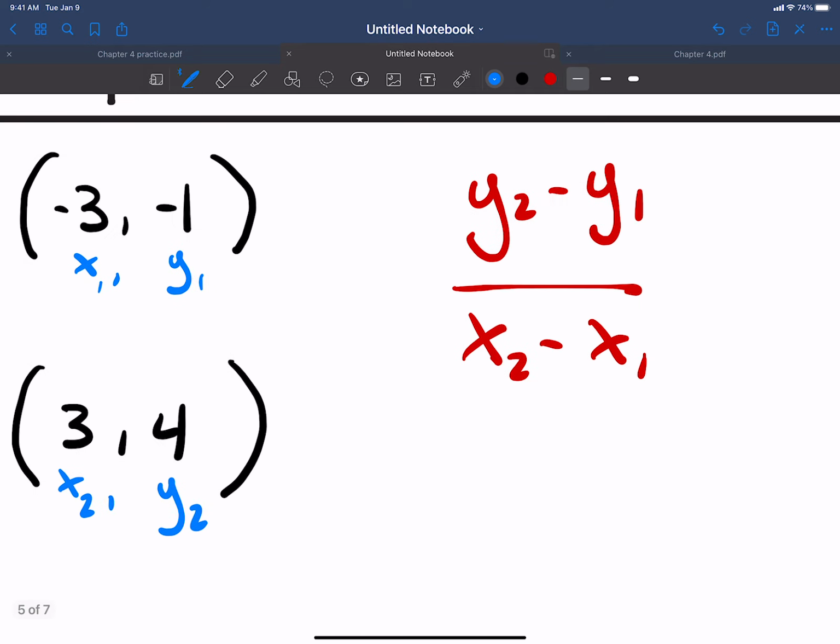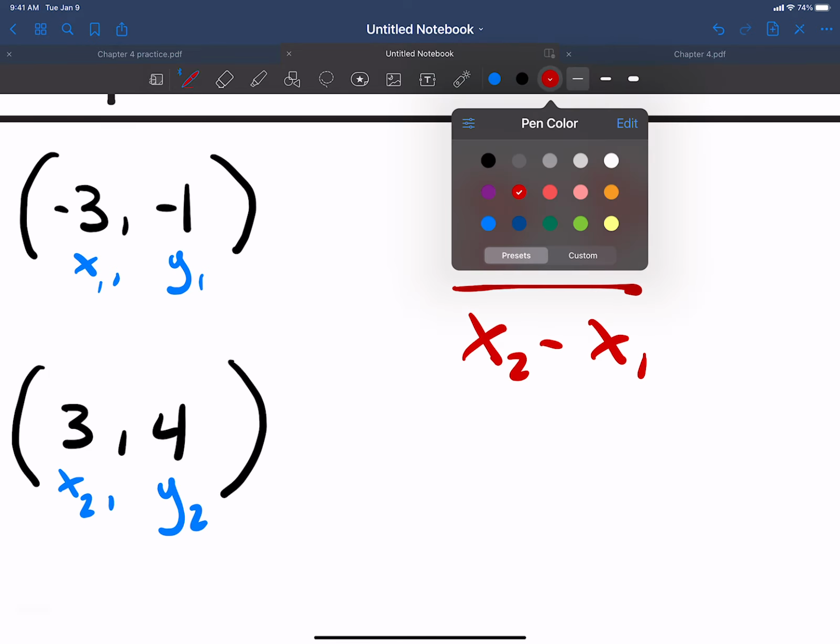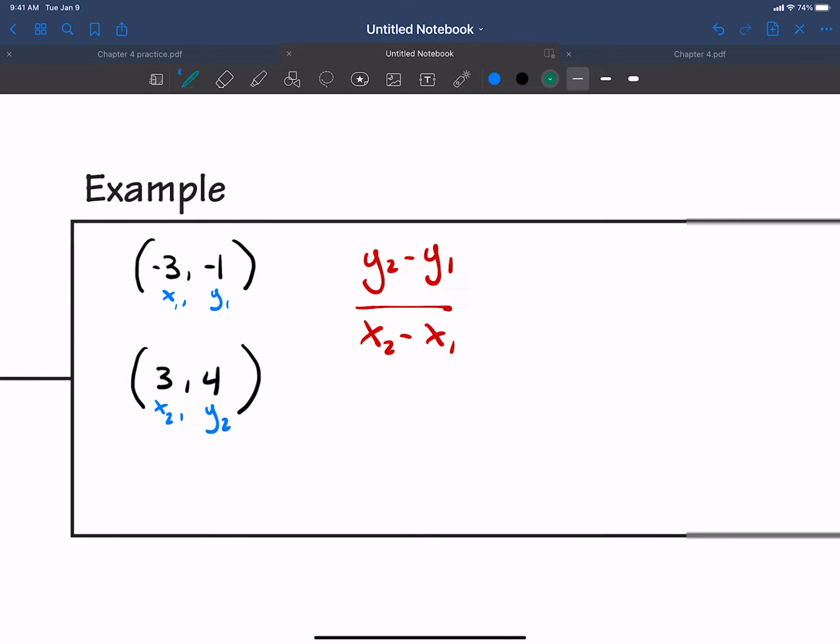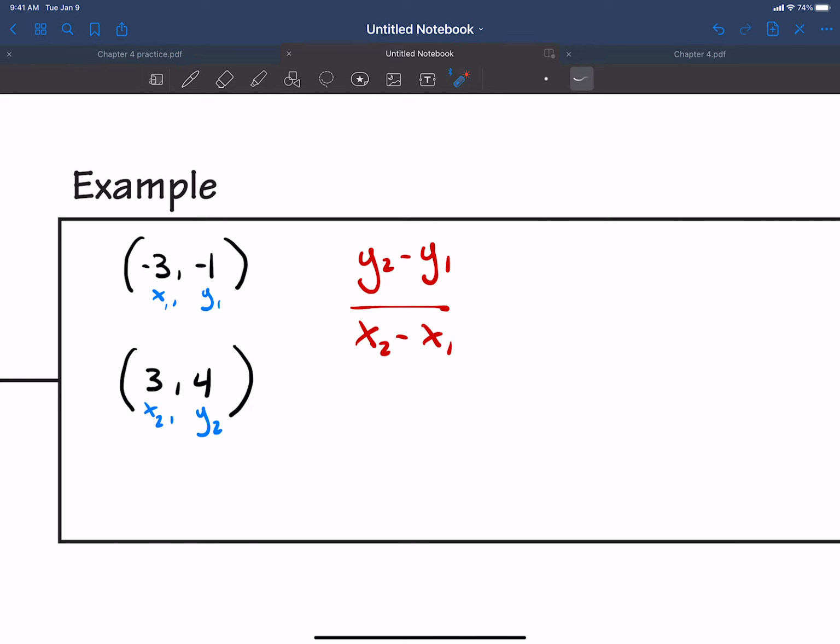Once you've done that, now you can go plug them in, okay? So I'm going to go over here a little bit. Who is y2? 4. Who is y1? -1. Now remember, in the formula we are subtracting, so it actually will look like this. 4 minus -1 over x2 is 3. 3 minus -3.